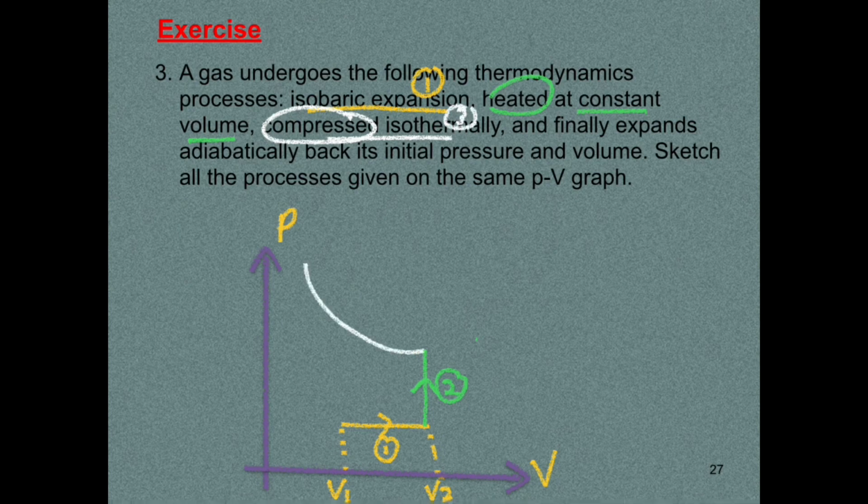We will sketch a hyperbolic line, isothermally compressed. So the arrow will be to the left, upwards and to the left. And then adiabatically back to its initial pressure and volume. So the blue line represents the adiabatic process, back to the initial P1 and V1.